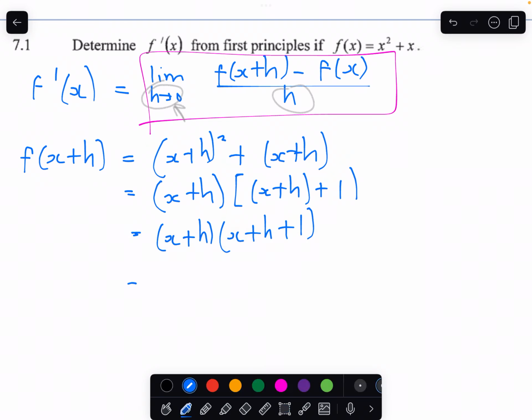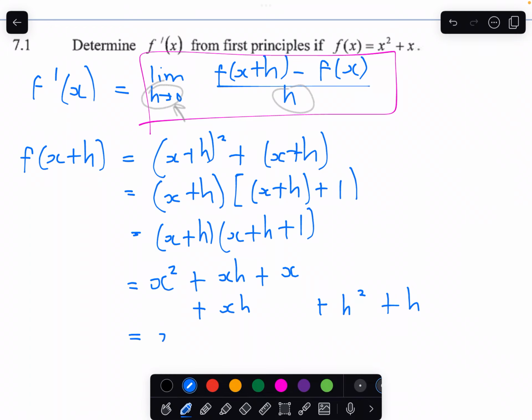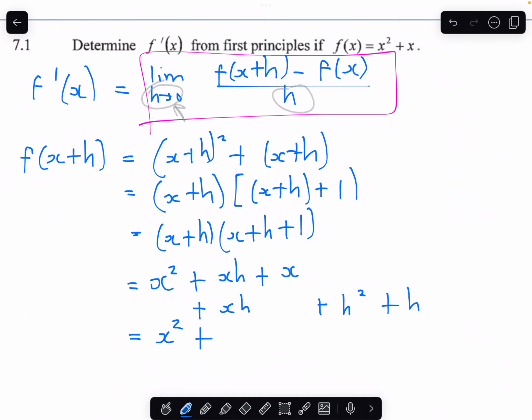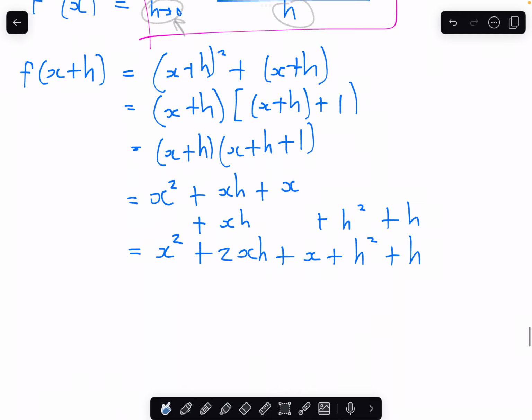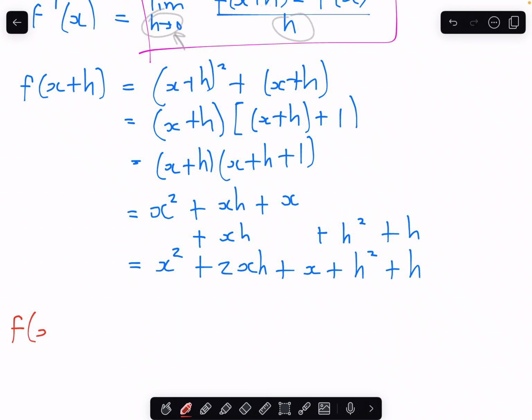Okay, right, so this will be x squared plus xh plus x, and then times the h in, so that'll be hx, or xh, and then h squared, and h times 1 is h. So this ends up being x squared plus 2xh plus x plus h squared plus h. Now we can figure out f of x plus h minus f of x.